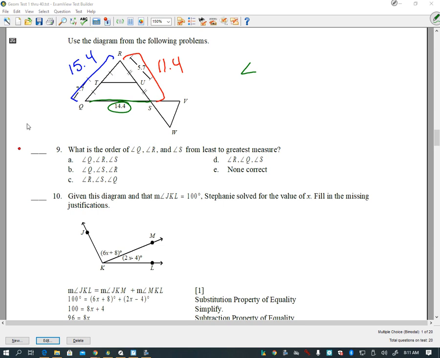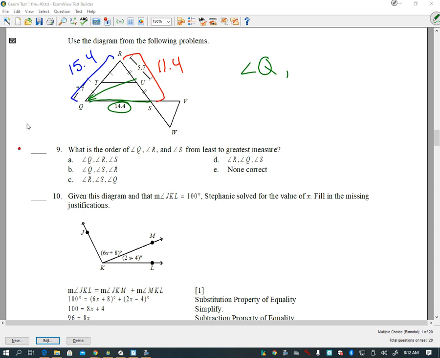RS. See, when we talk about a side, we always need a beginning point and an end point to reference a side. What angle is opposite of RS? Angle Q. Okay, so we see, right, that angle is opposite of angle Q. So angle Q is the least. Okay, what's the next longest side? What's QS? Okay, QS.